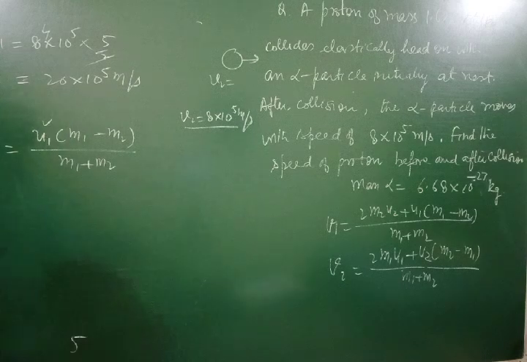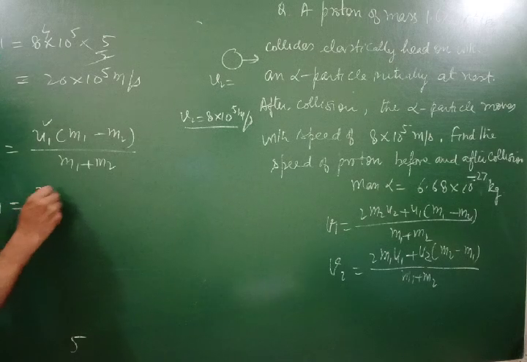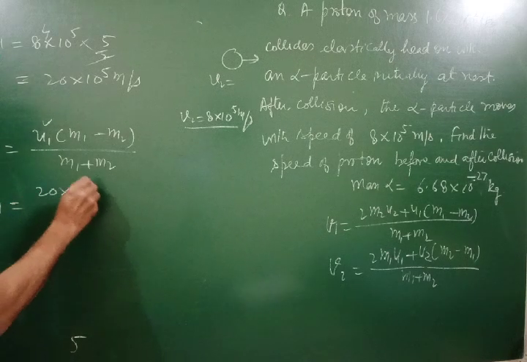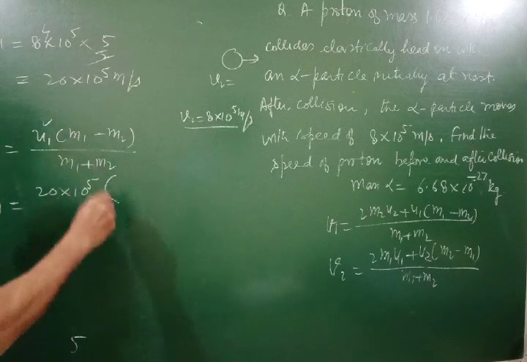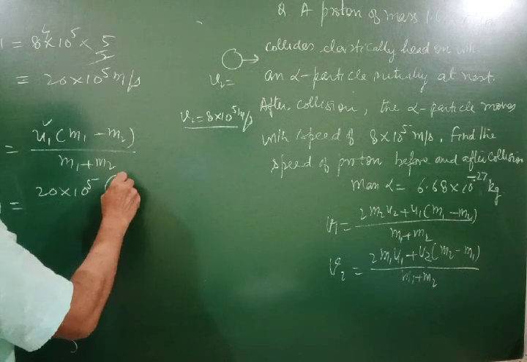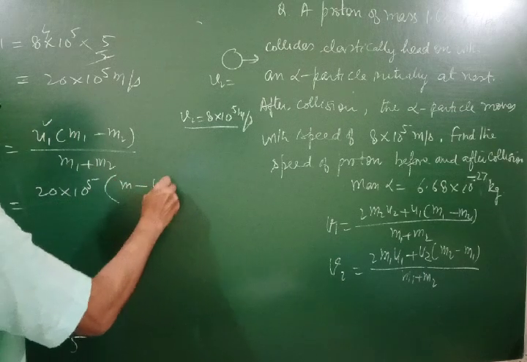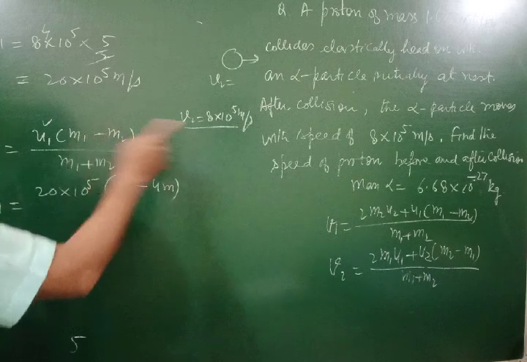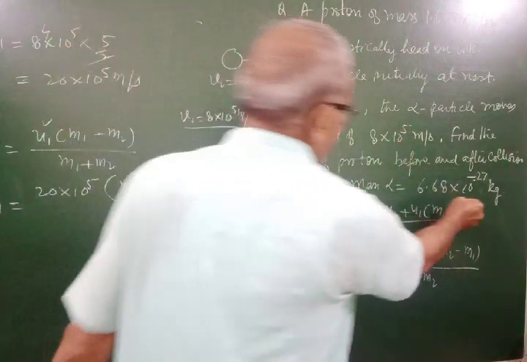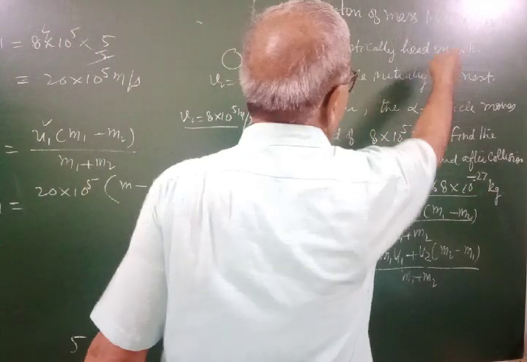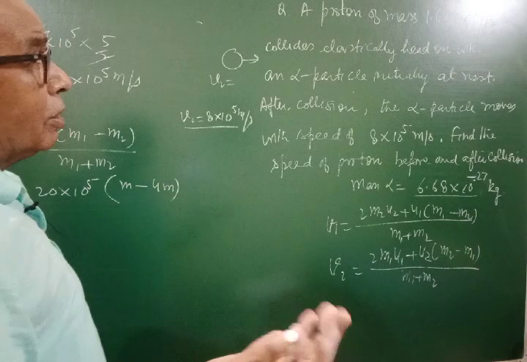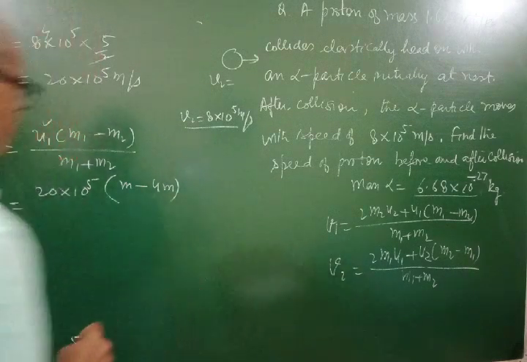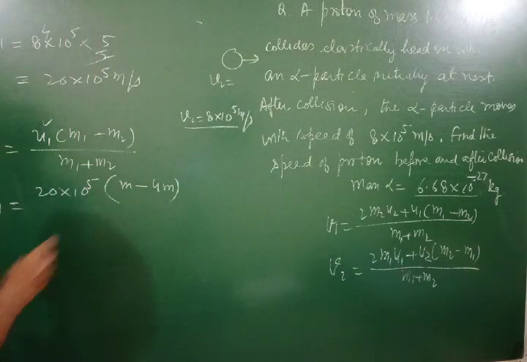Now after collision, put the value of u1 here. v1 is equal to 20 × 10^5 times (m1 minus m2), where m1 is m and m2 is 4m. I am telling you the mass of the alpha particle is 4 times, such things should be noticed carefully.